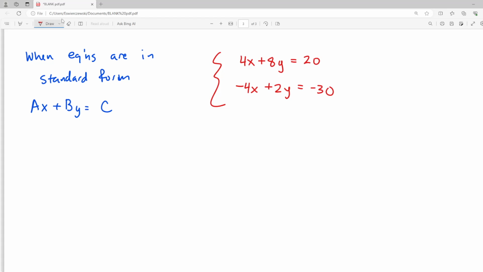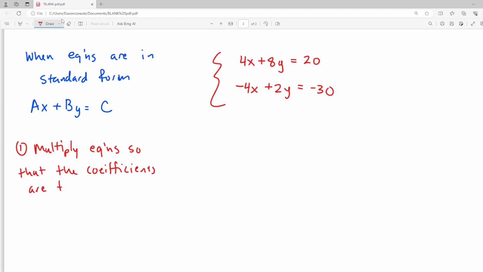When we're doing elimination, the first goal after we determine that they're in standard form is to multiply the equations so that the coefficients of one of the variables are the same or opposite.